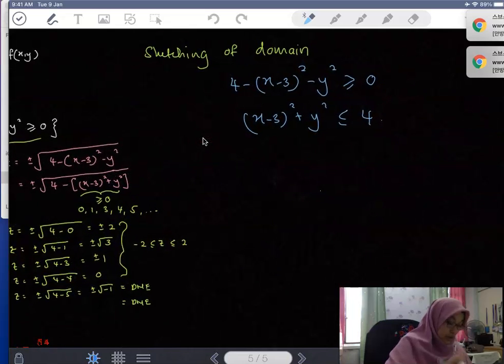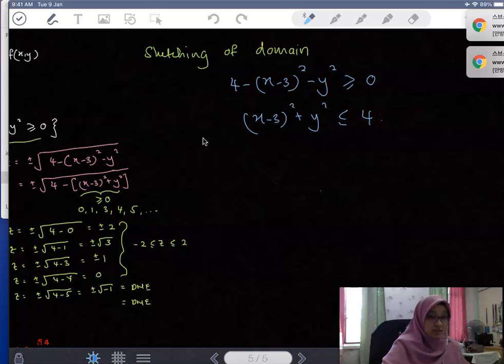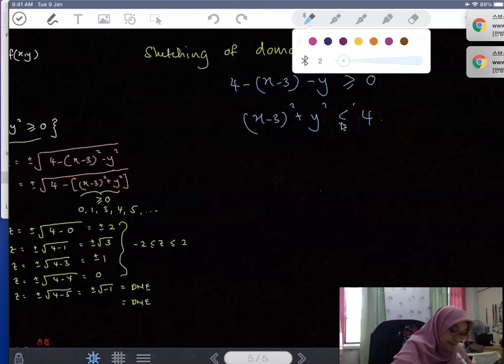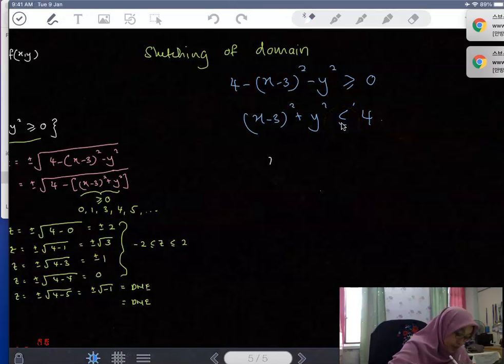So now we need to know what the graph of the domain is. Let's ignore the inequality here, so we just have (x minus 3) squared plus y squared equal to 4.